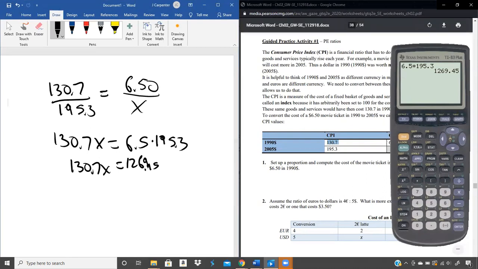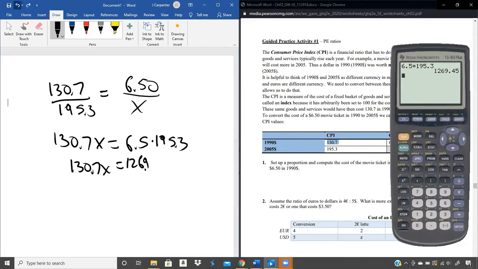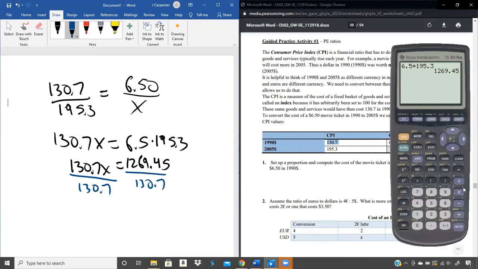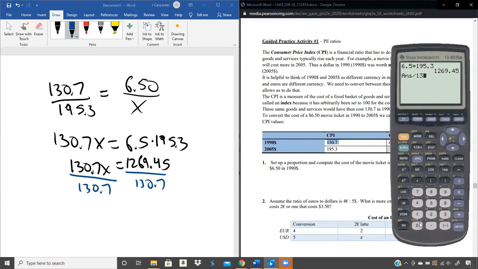Ooh, that got ugly. Then we divide both sides by the number in front of the x, 130.7. And we get 9.7. Now we're talking money, so let's go 9.71.